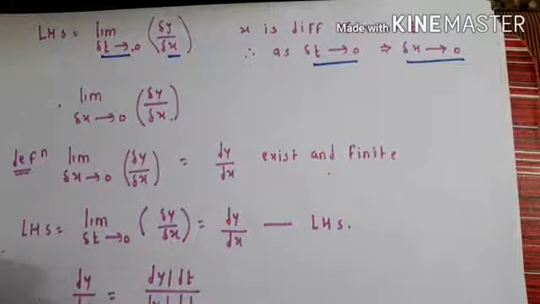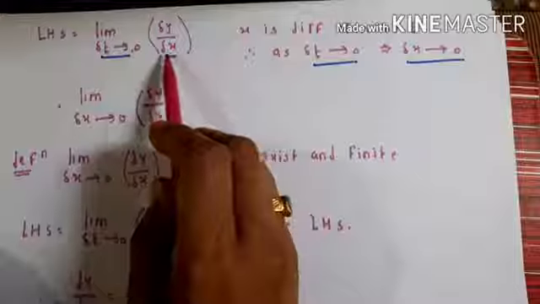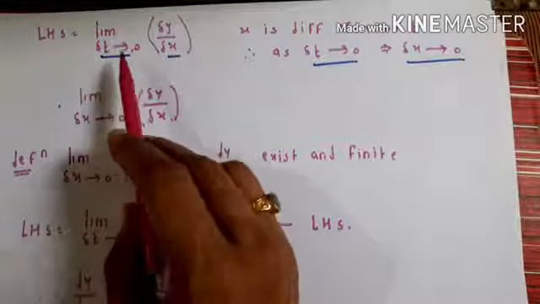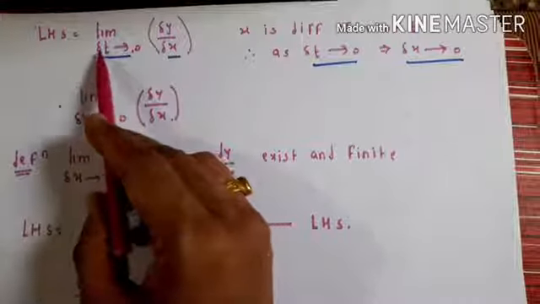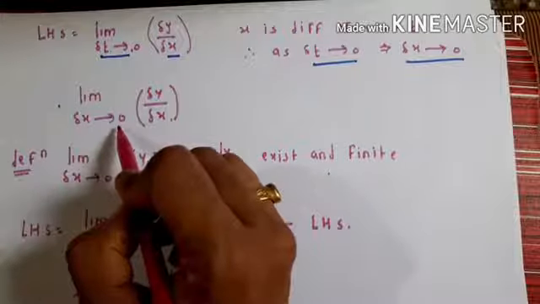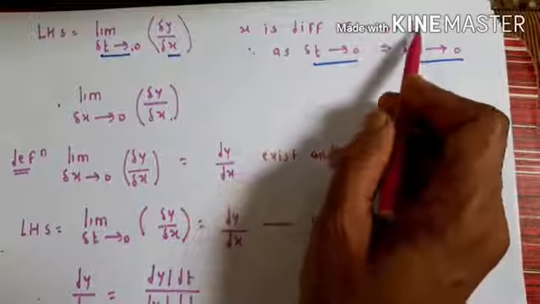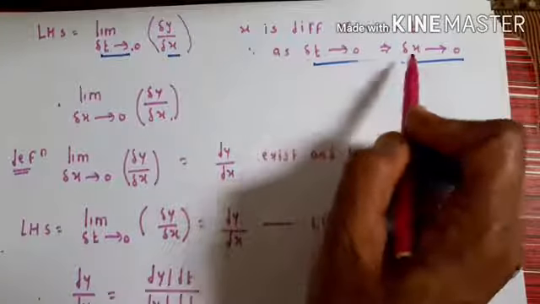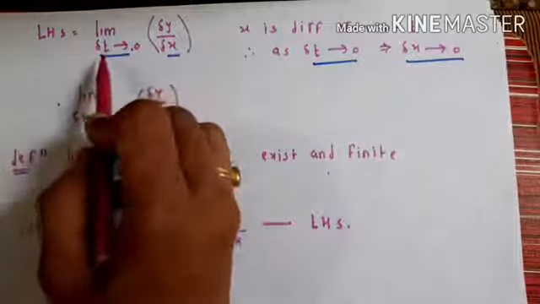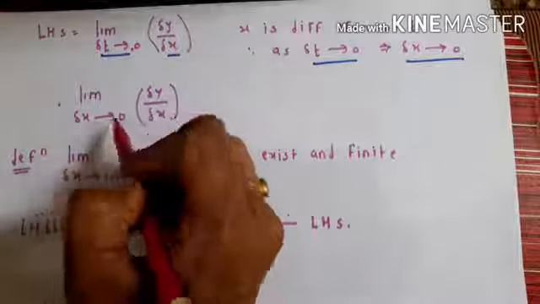Now the LHS is limit delta t tends to 0, delta y upon delta x. In this situation, we can't use the definition directly, but here we can change the limit. Instead of writing delta t tends to 0, we can write delta x tends to 0. By which criteria? As x is a differentiable function of t, delta t tends to 0 implies delta x tends to 0.